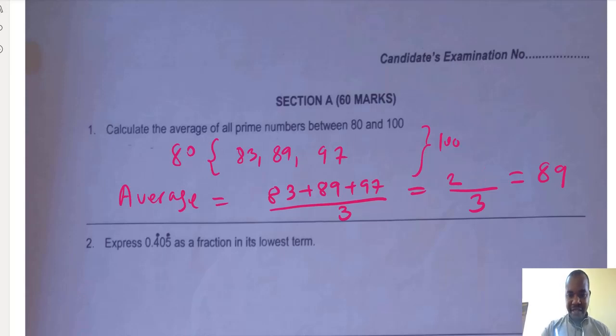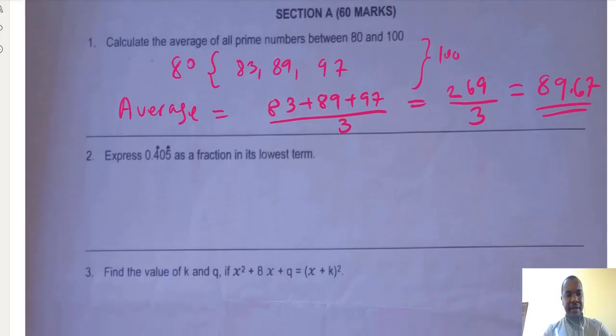I'm sorry, here it is 269. 269 divided by 3, you are going to get 89.67. That is the solution for question number 1.